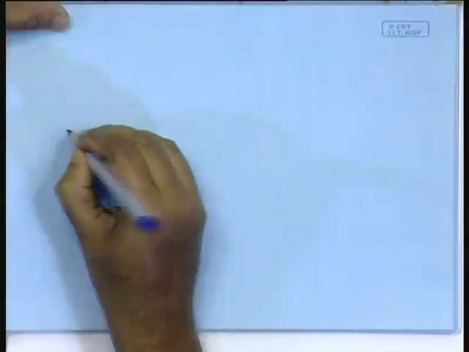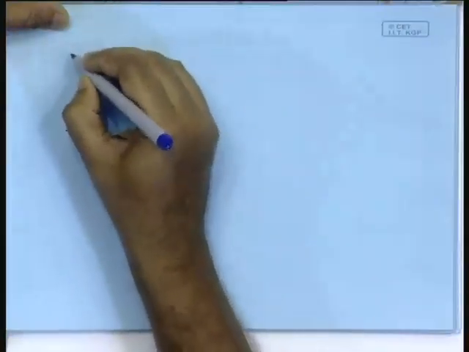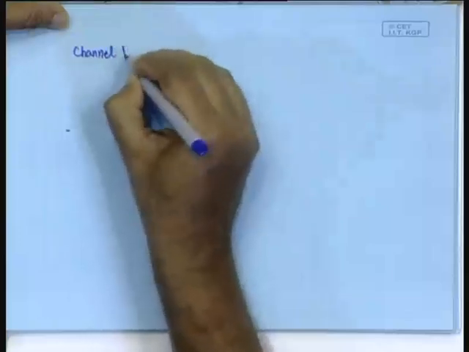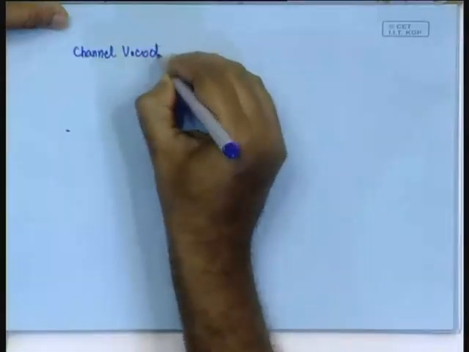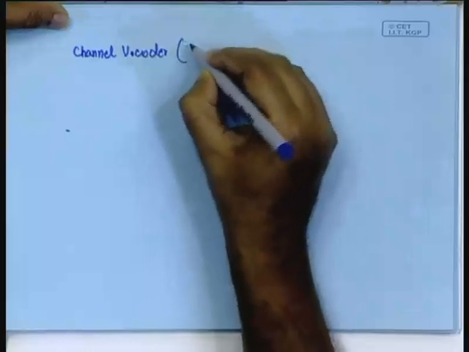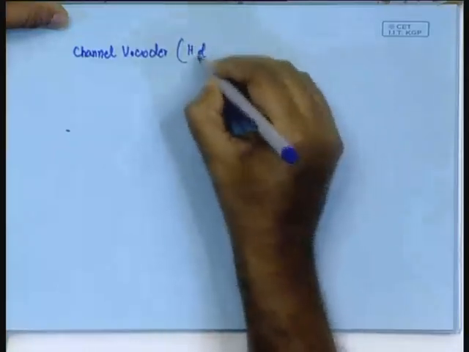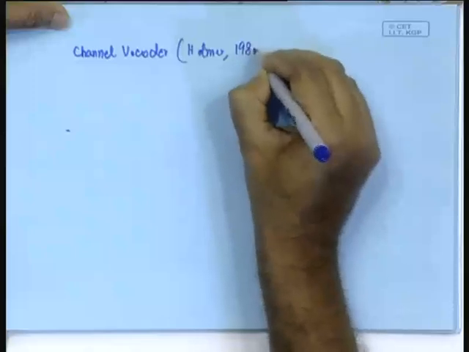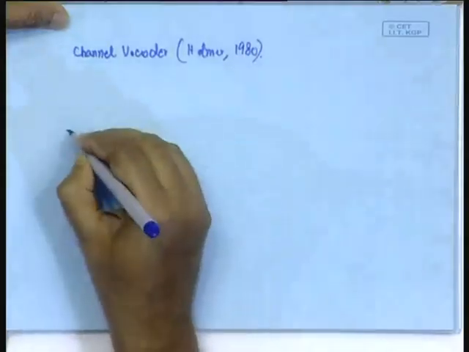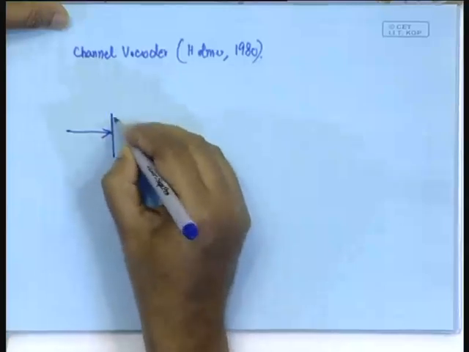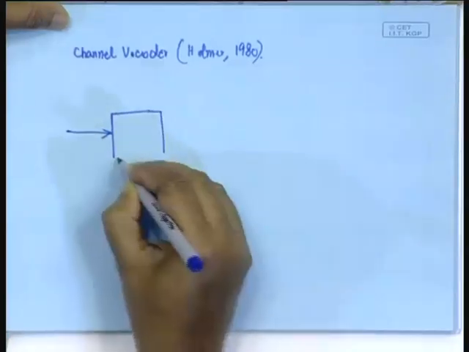The one that I am going to describe is called the channel vocoder, and this was actually developed by Homer in 1980.